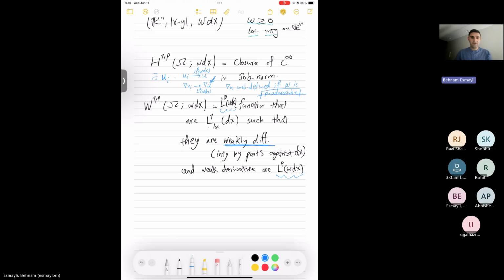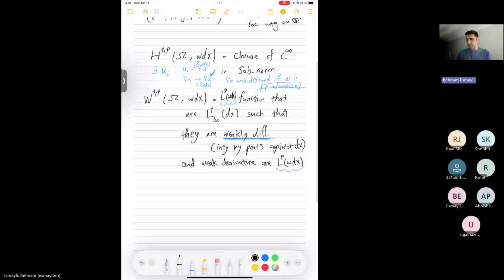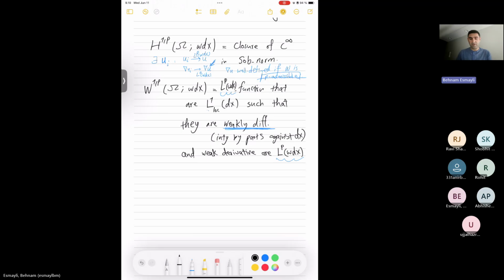So these were the two ways we could approach a definition of Sobolev functions on Rn equipped with a weight. And one case where these are equal is if w is in a P-Muckenhoupt class, then the two approaches produce the same space. So H1P equals W1P.